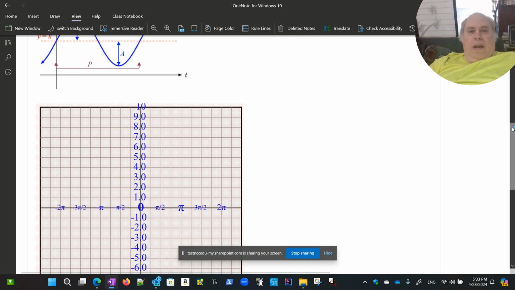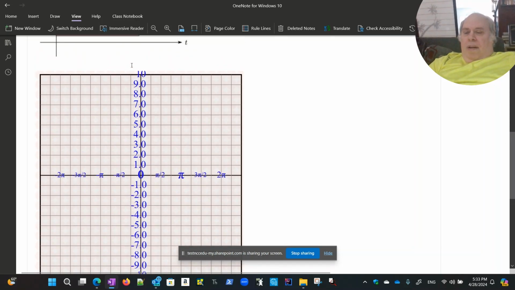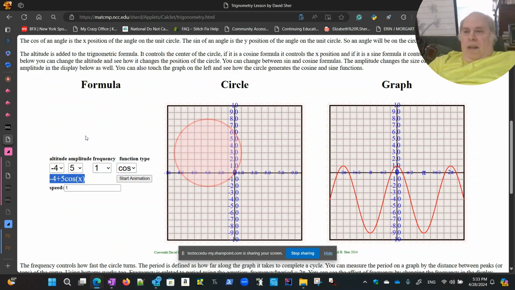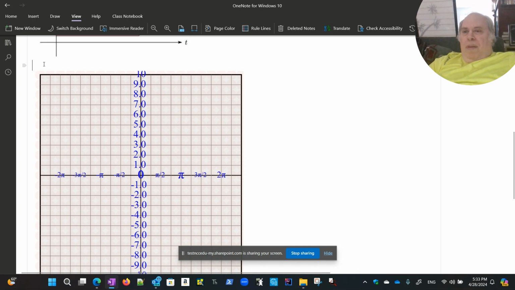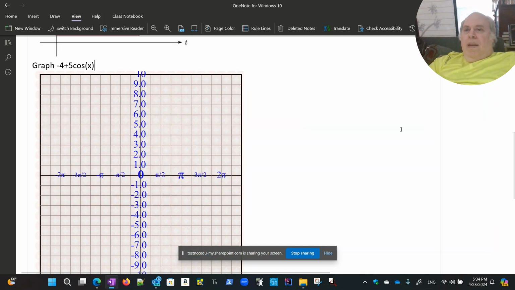Okay, and our formula from the trigonometry lesson. So our problem is, by the way, you're going to need graph paper for the rest of this class. Graph this curve. I'm also going to be using yesterday's table.